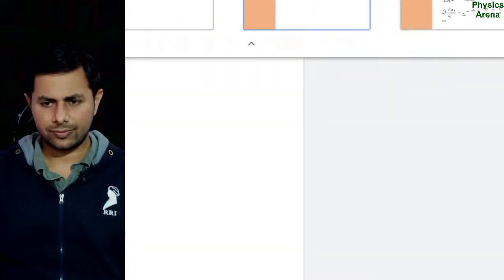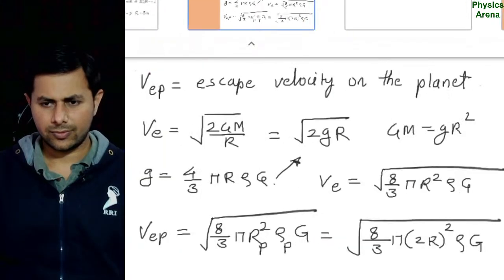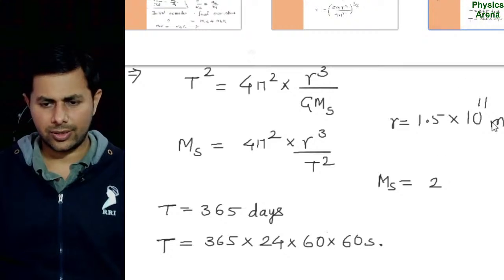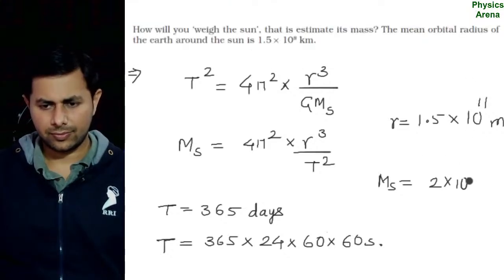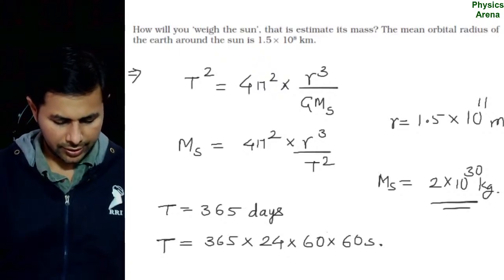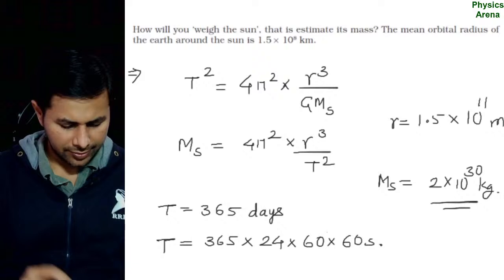So you will get 2 multiplied by 10 raised to 30 kg. All right, so is this clear?